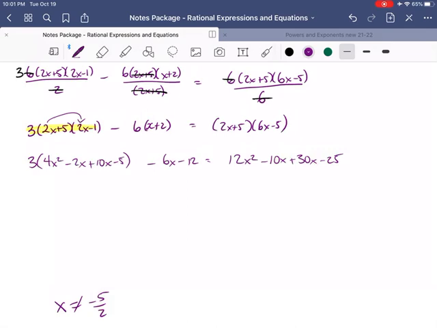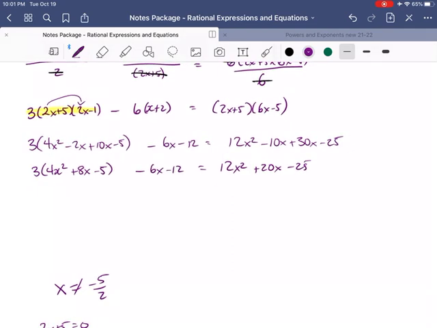And collect some like terms here. So plus 20x minus 25. Okay, we've got to do another expansion. 12x squared plus 24x minus 15 minus 6x minus 12 is equal to 12x squared and that part remains unchanged.